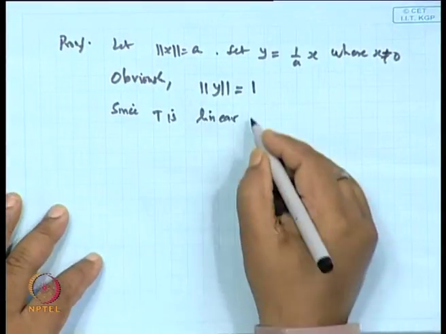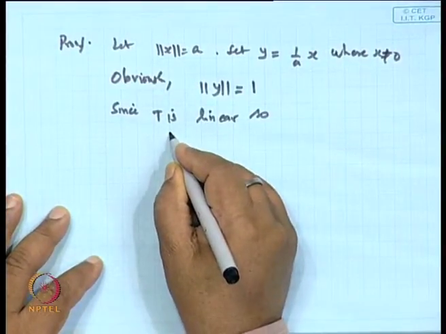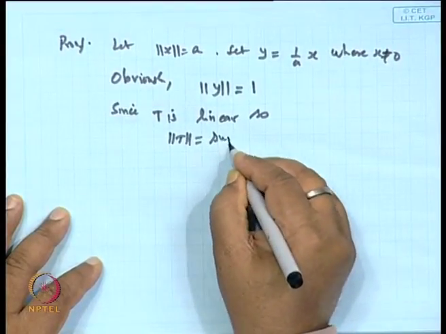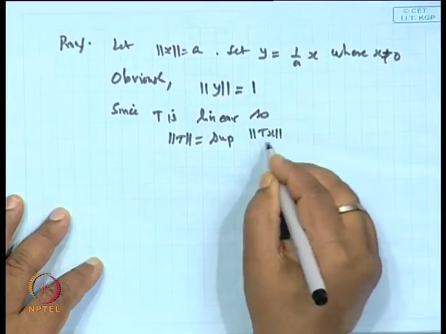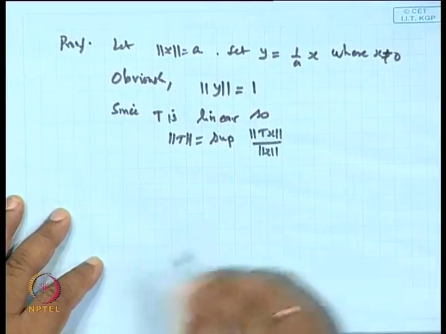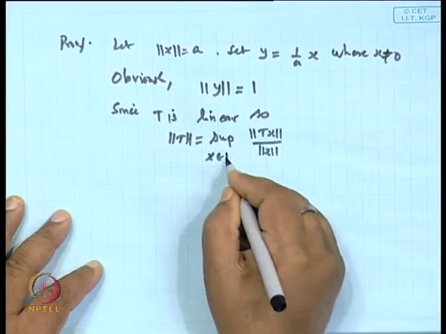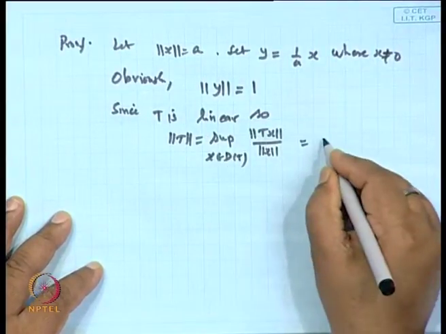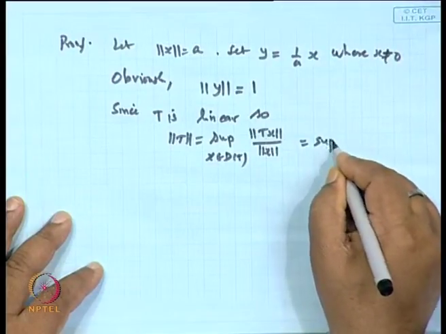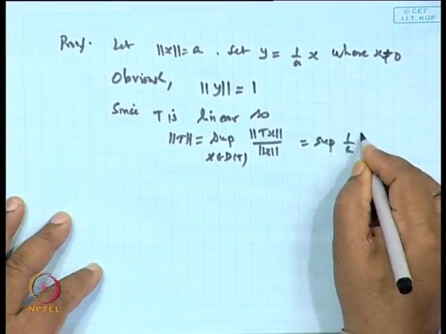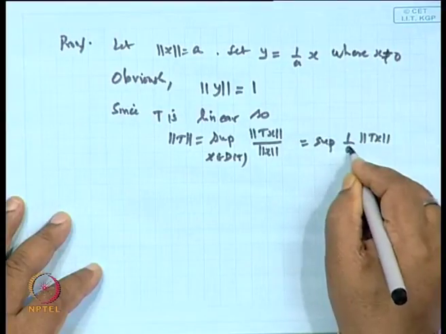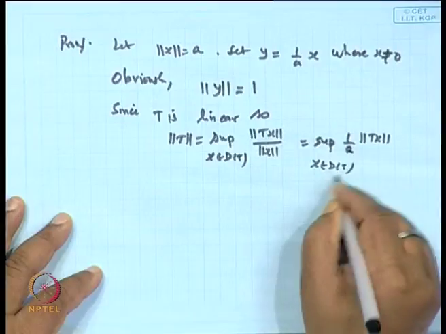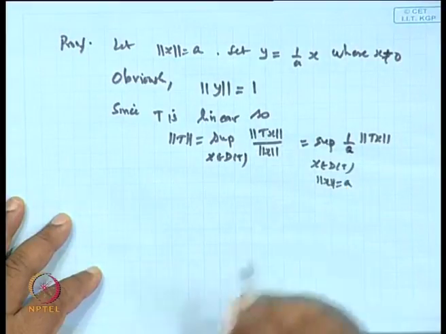we get the norm of T, which is defined as the supremum of norm of Tx over norm x, where x belongs to the domain of T. But norm x is 1. So, it is equal to the supremum of 1 by a times norm of Tx, where x belongs to the domain of T and norm of x is equal to a.